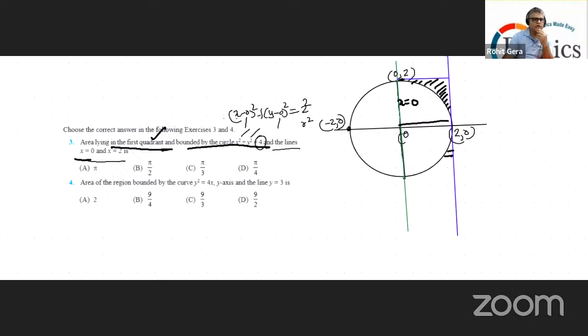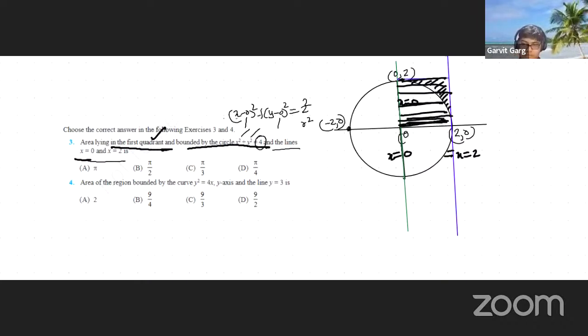If you just talk about the area between x equal to 0 and x is equal to 2 in the first quadrant, I would have chosen this square, right? But this area is between two lines only.